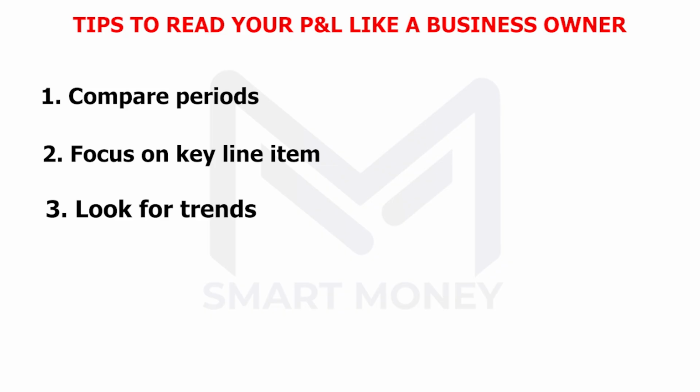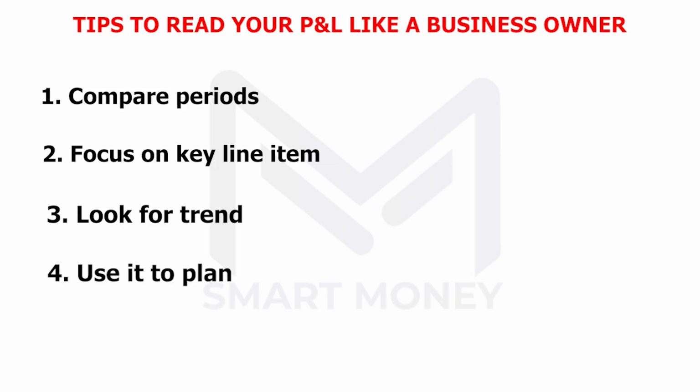Revenue increasing but profit decreasing is a signal that there's a problem. 4. Use it to plan. Cut unnecessary costs. Negotiate with suppliers. If possible, price products effectively. Remember, a well-read P&L helps you control your business, not just react to it.